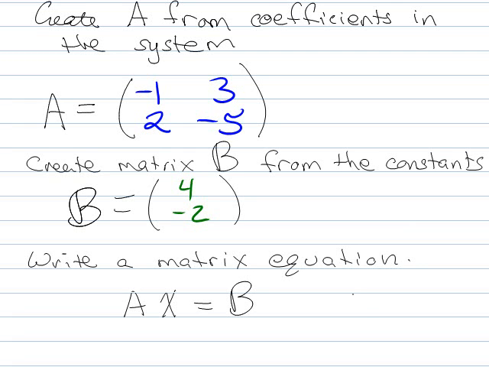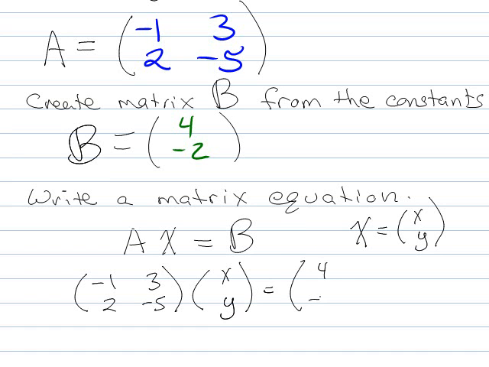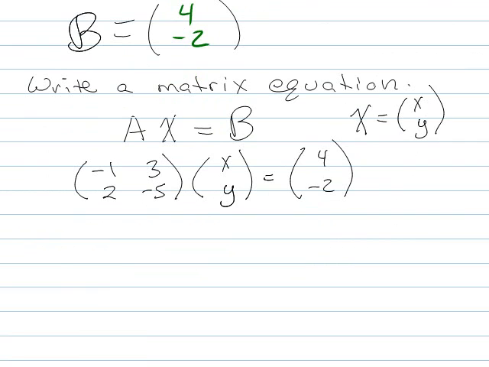Now when we say X, technically this is what we mean. Alright? So essentially what I've got is a matrix equation that says -1, 3, 2, -5 times x, y is equal to 4, -2. Okay, let's go ahead and do our hand multiplying.